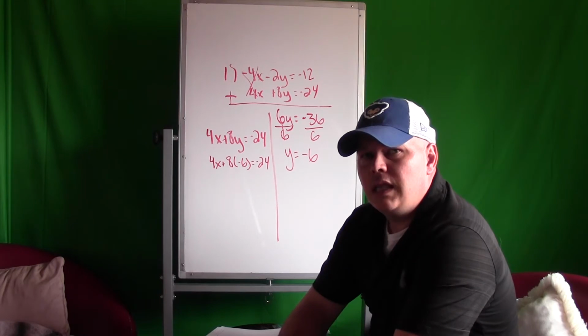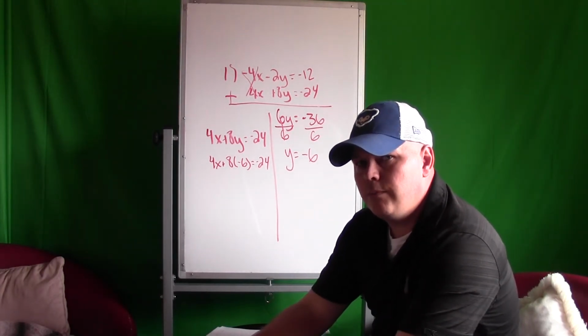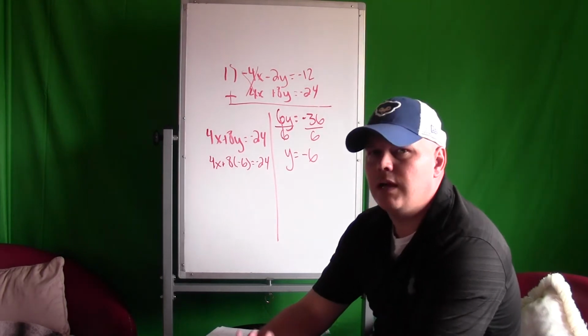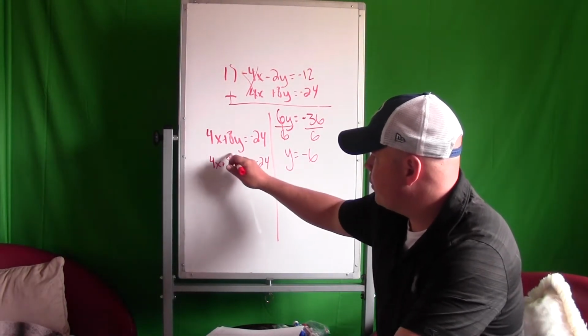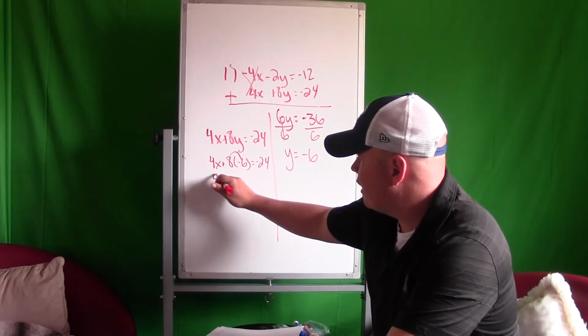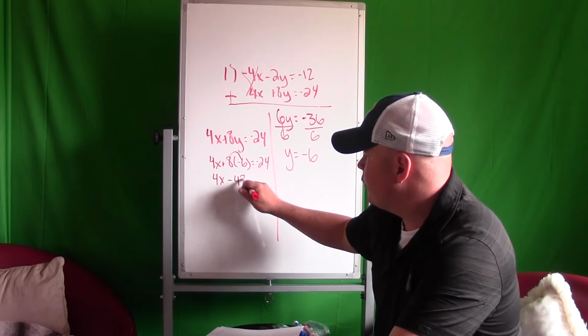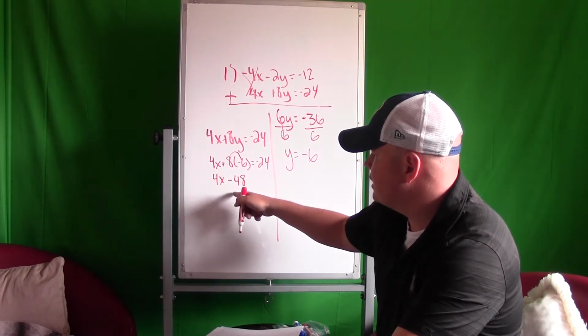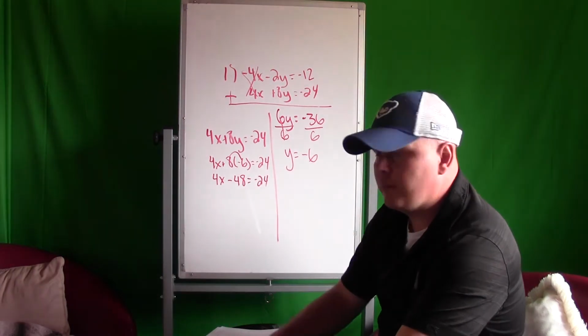And then I'm just going to do what I've been doing with substitution. I'm going to distribute, I'm going to combine, I'm going to isolate, and then I'm going to solve. So when I distribute my 8 into that parentheses, I have 4x minus 48, because 8 times negative 6 is a negative 48, equals negative 24.